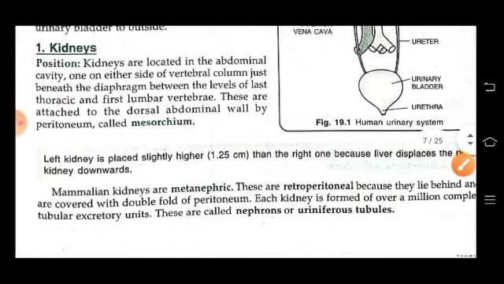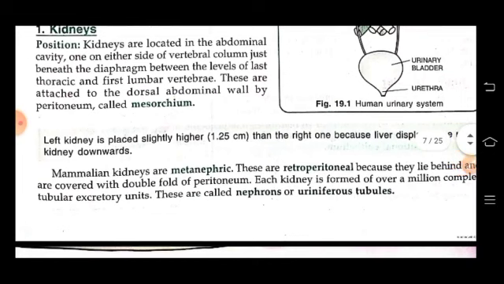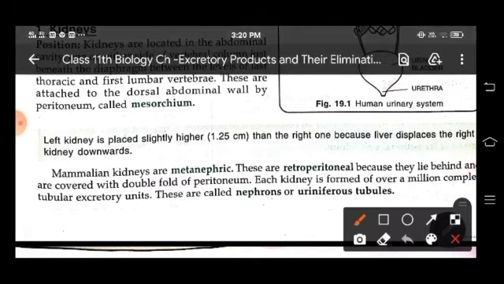The mammalian kidneys are metanephric. These are retroperitoneal because they lie behind and are covered with a double fold of peritoneum. Each kidney is made up of over 1 million complete tubular excretory units, known as nephrons or uniferous tubules.